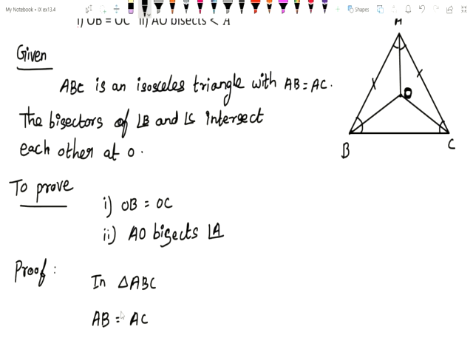So angle ACB, because the angle opposite to AB is ACB, and the angle opposite to side AC is ABC. So angle ACB equal to angle ABC, because how are we writing this?